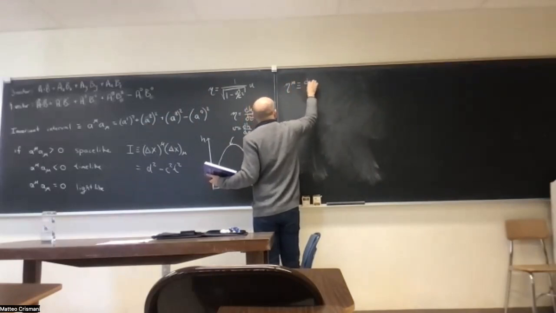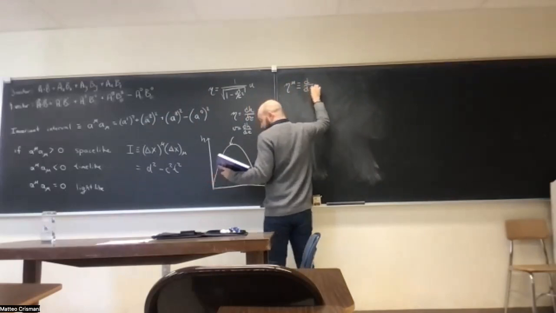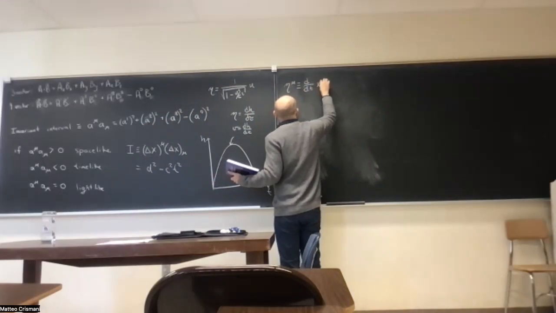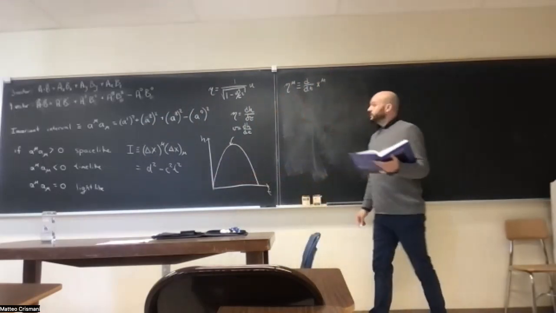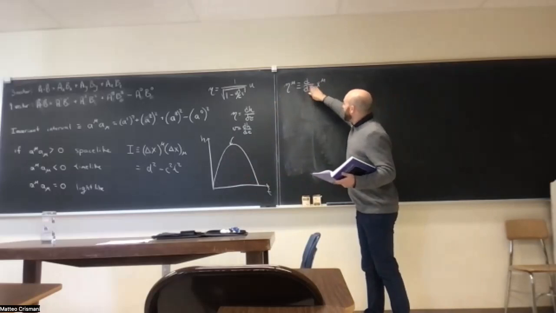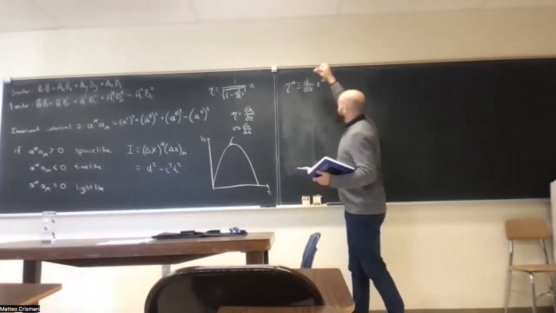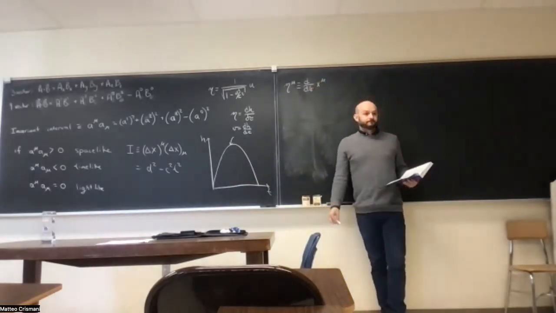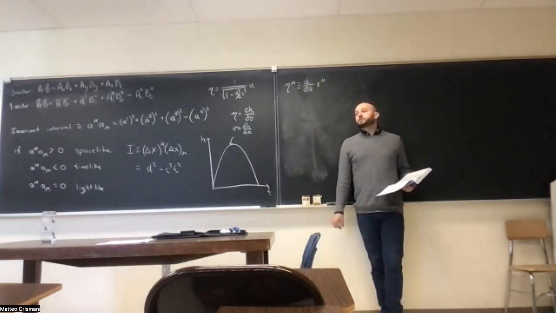It's defined as d/dt of x. But it's not quite t, it's tau, the proper time, not the ordinary time. So in general, we'll use two different words.